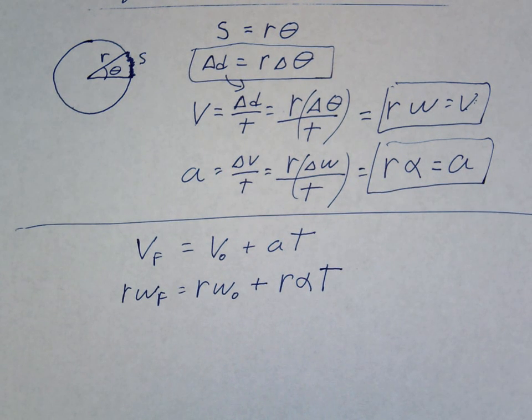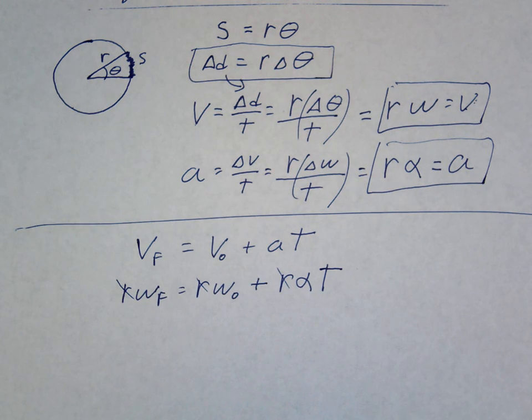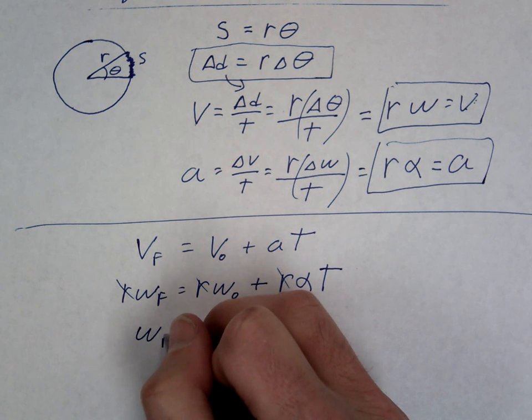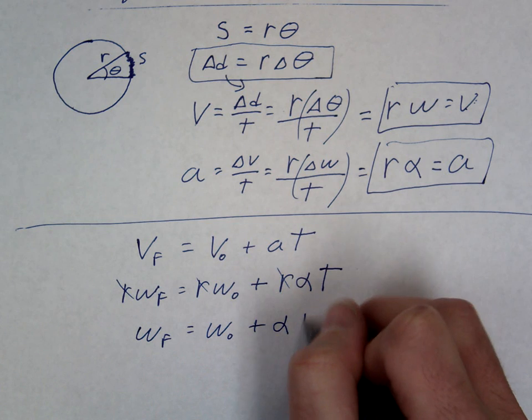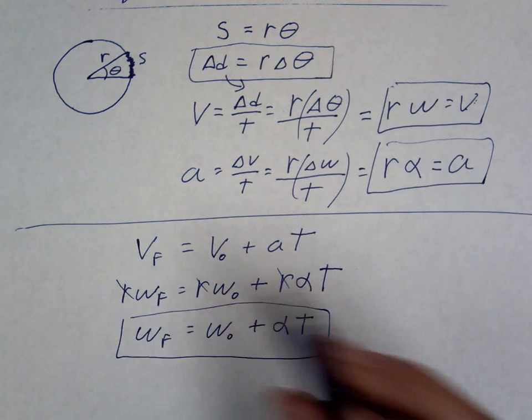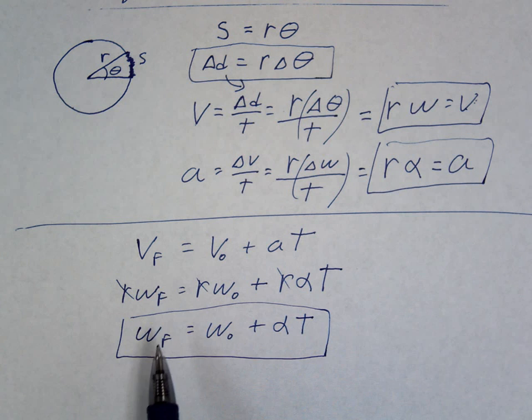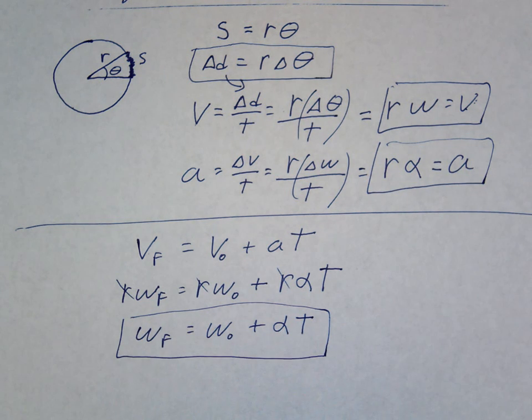Well, I have r's in all three terms, right? So what can we do? Cancel those out. And so what we're left with is omega final equals omega initial plus alpha t. Notice that it's identical except we have different things: omega instead of v, alpha instead of a. Okay? And I'm not going to do it, but we can do the same thing with all four kinematics equations.